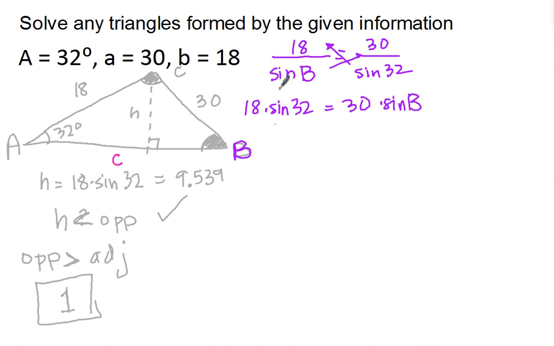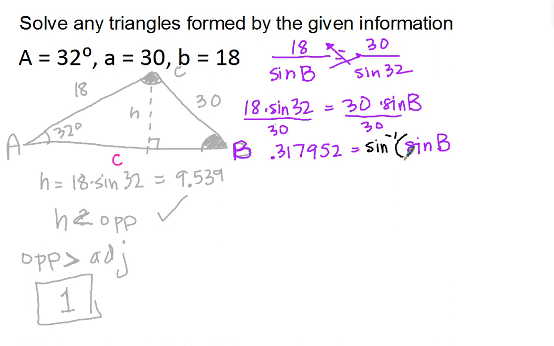Okay, so we can put this all in your calculator, but only after I divide both sides by 30. So 18 sine of 32 divided by 30 gives me a decimal of 0.317952 equals the sine of angle B. Since we're trying to solve for an angle, we need to get rid of sine, and we always do that by inversing.